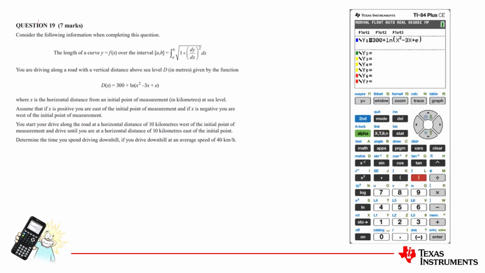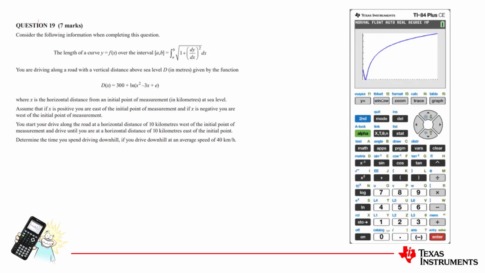And we are given set values of negative 10 and 10 from where we're going, but I want to get an idea of where I'm going to set the graph up first. So I'm going to use that same zoom fit as well. If I go up to 0, that gives me a zoom fit. Now this isn't going to give us a particularly nice graph because zoom fit doesn't always give you the region of the graph that you're interested in.